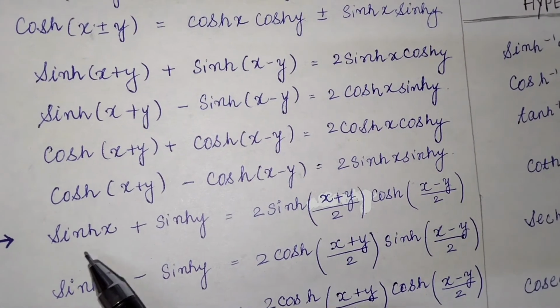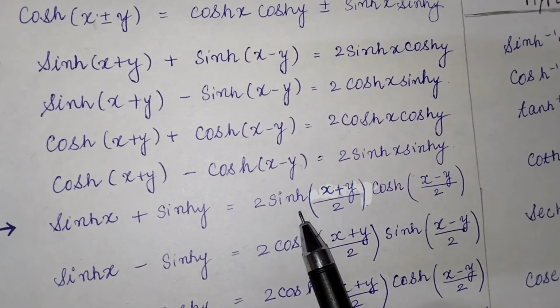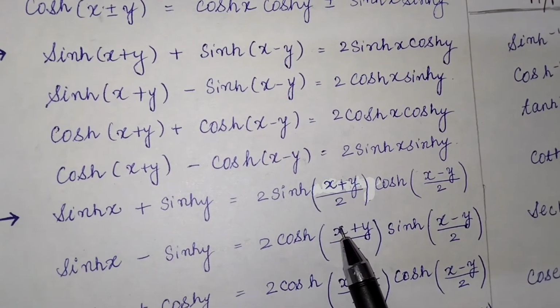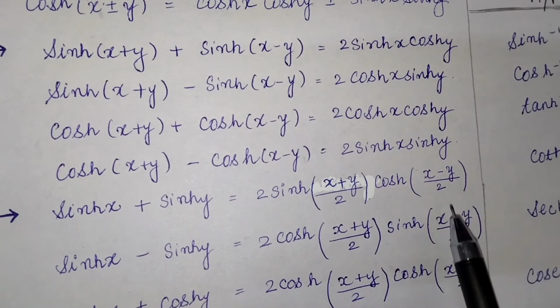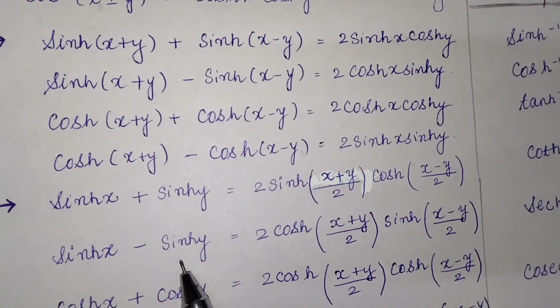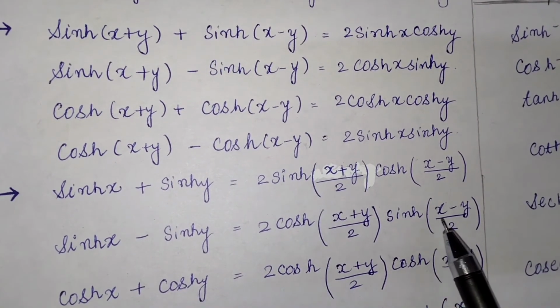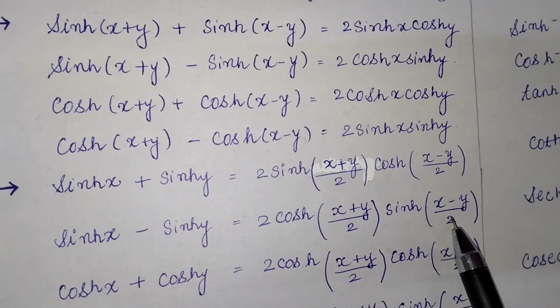Similarly, sin hx plus sin hy is equal to 2 sin h of x plus y by 2 into cos h of x minus y by 2. For sin hx minus sin hy, you get 2 cos h of x plus y by 2 into sin h of x minus y by 2.